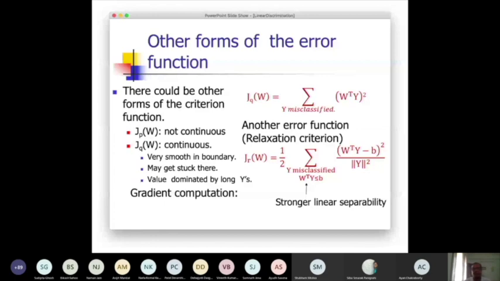And if you take the gradient of these functions, you get these expressions. I hope you have understood how the gradients are computed in the matrix form.